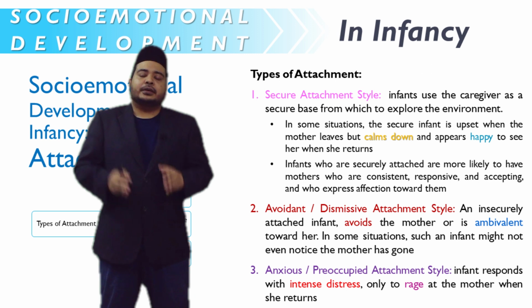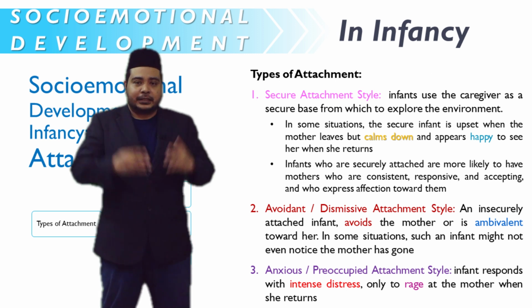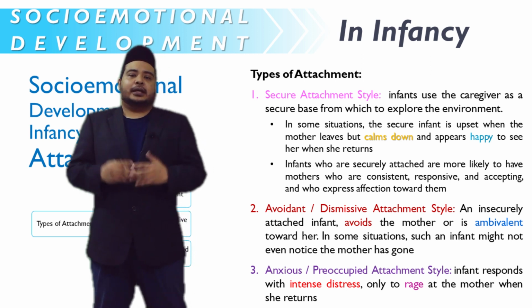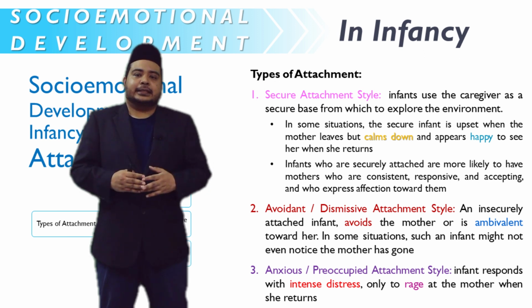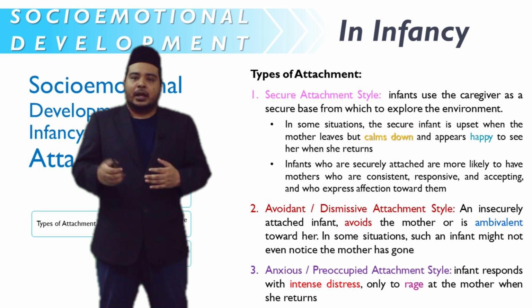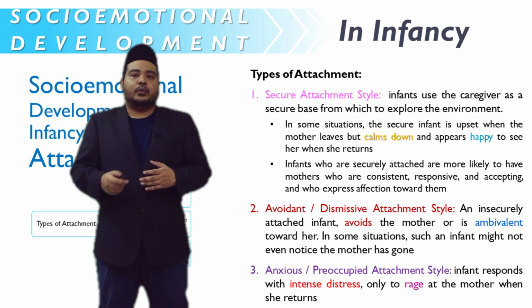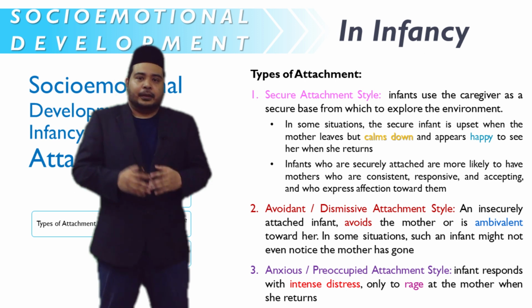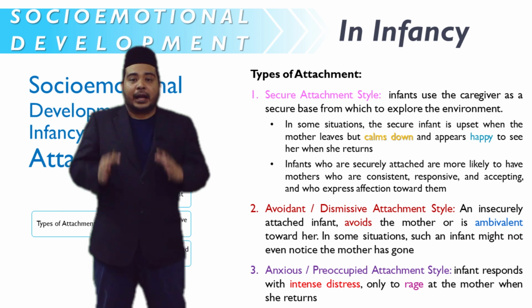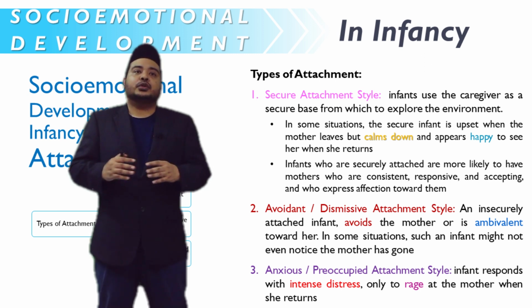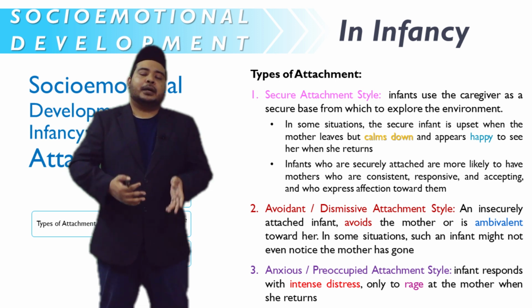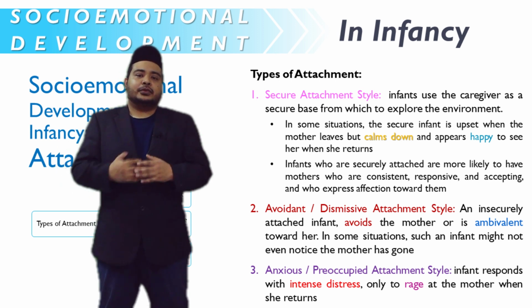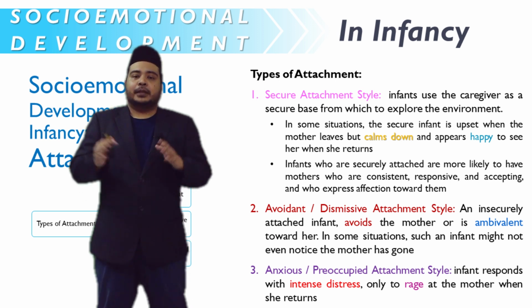You can observe these infants that have secure attachment styles. In some situations, an infant in this style is upset when the parents or the mother leaves, but they will calm down and appear happy to see the mother when she returns. So at first they are upset, but then they calm down.